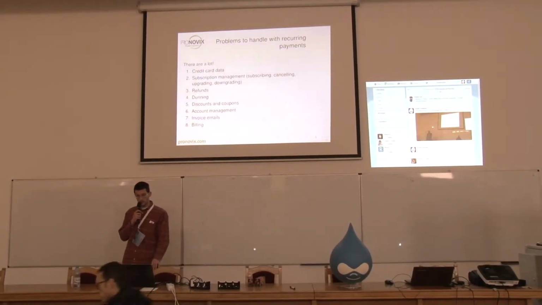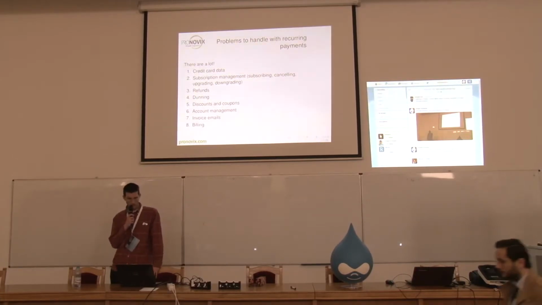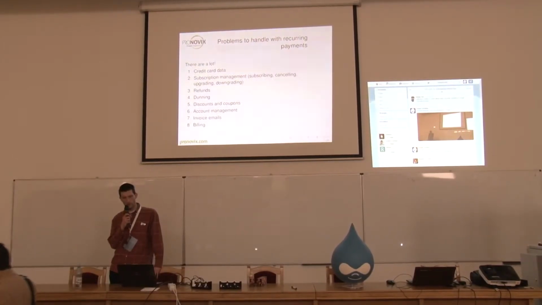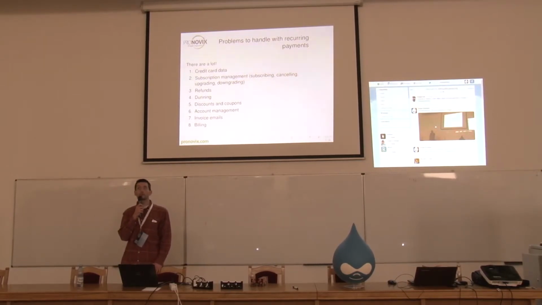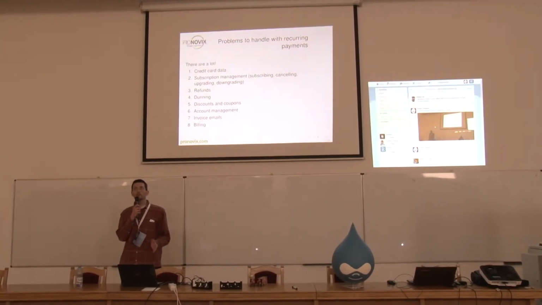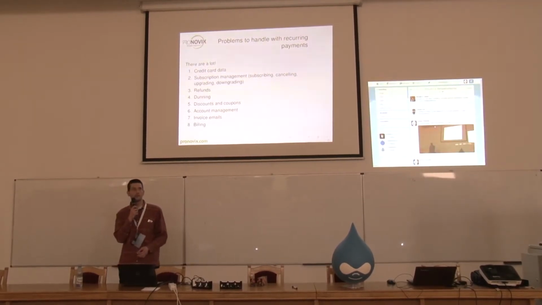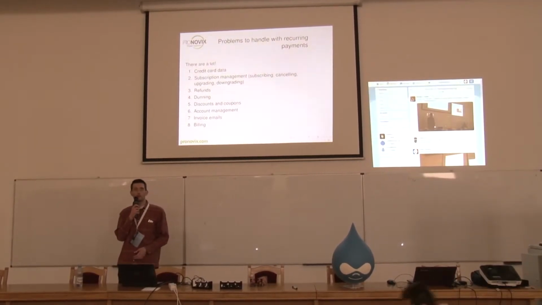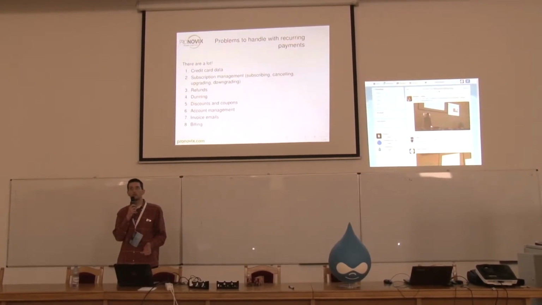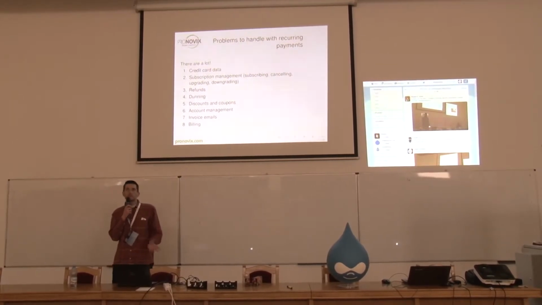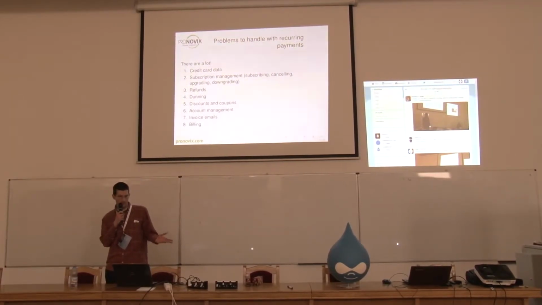Dunning is a very special process. It is the process in recurring payments that kicks in when a payment fails for some reason. For example, the credit card expires and you try to charge it and you can't because it's expired, or it doesn't have enough money on it, or the credit card number is wrong, or there's no internet connection, so it can be anything.